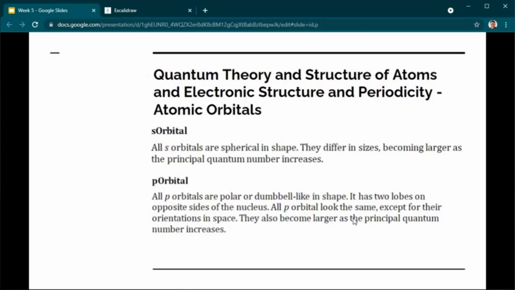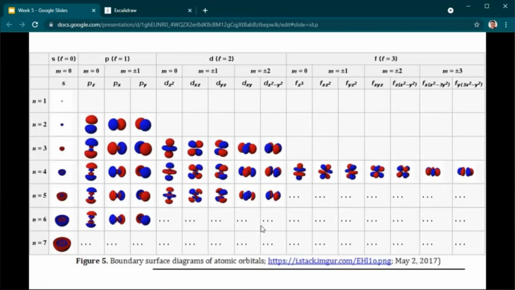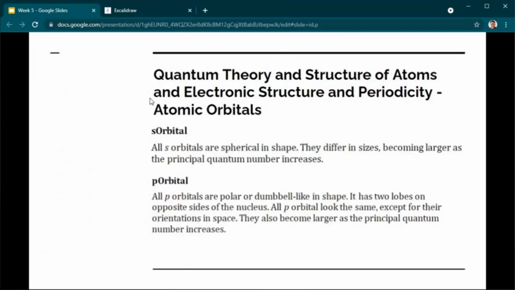They also become larger as the principal quantum number increases. Let's go back to the illustration. So this is p. Okay, so n is equal to 6. We have smaller dumbbells in here, and it increases as the quantum level increases. Okay, then the orientation changes depending on the plane that it is oriented.